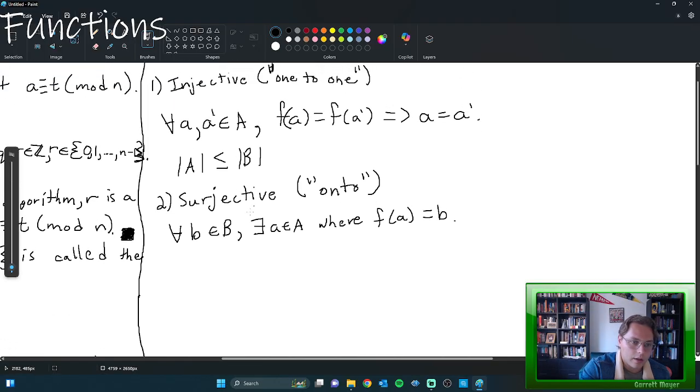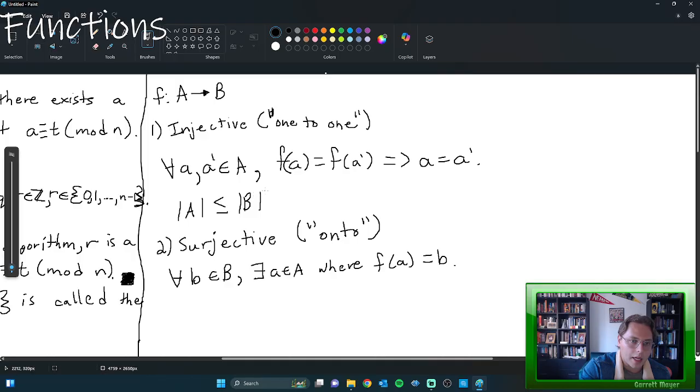Now, in this case it would be possible that you could have two things corresponding to the same element in the codomain, but having different inputs. So two different inputs could create the same output. So in that sense, it is possible that there are more students than chairs. What that implies is that the cardinality of the domain is greater than or equal to the cardinality of the codomain.